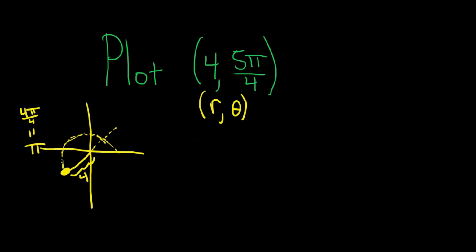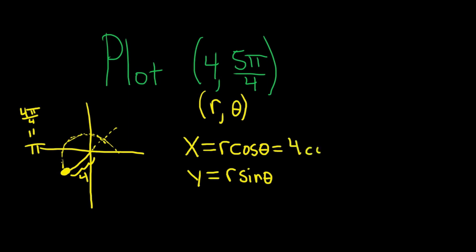There's two formulas we could use. The first is x equals r cosine of theta. And the other one is y equals r sine of theta. So r here is 4, so we have 4 cosine of 5 pi over 4.